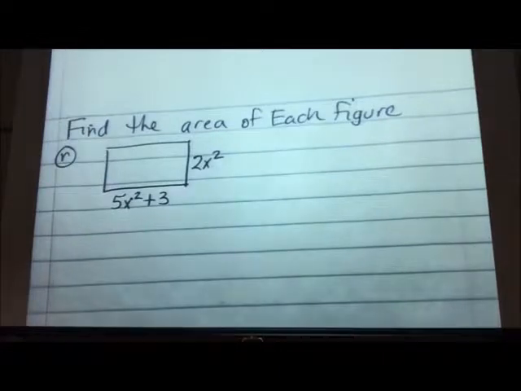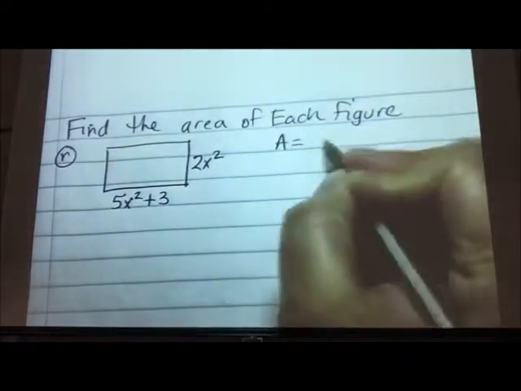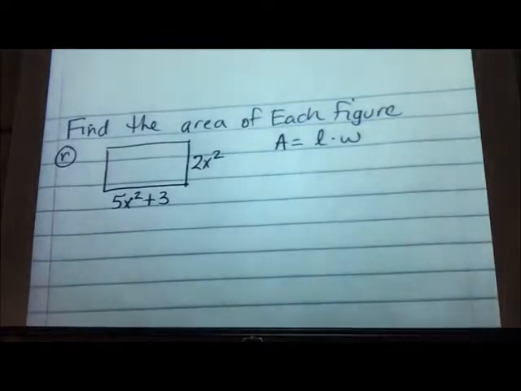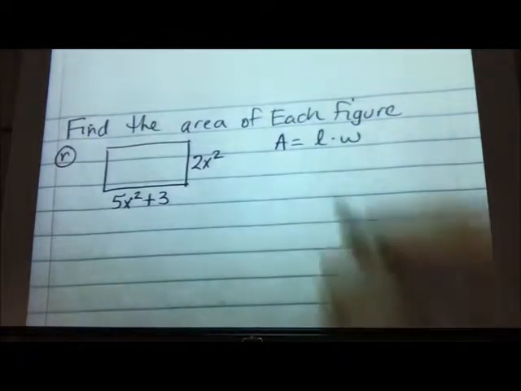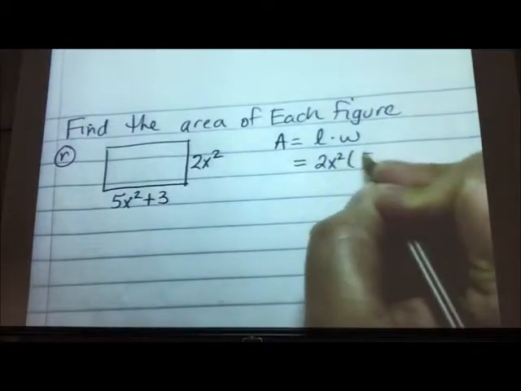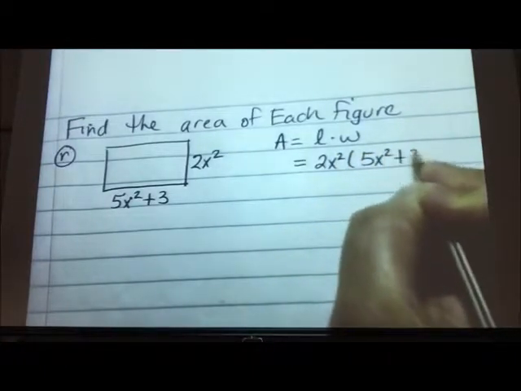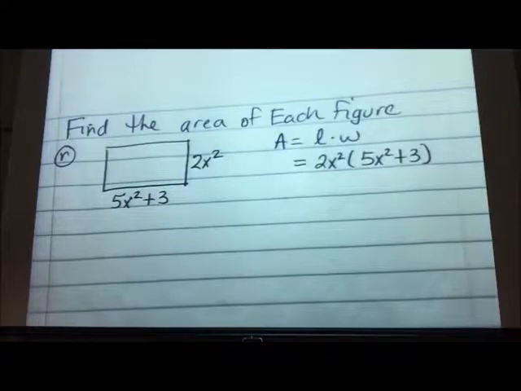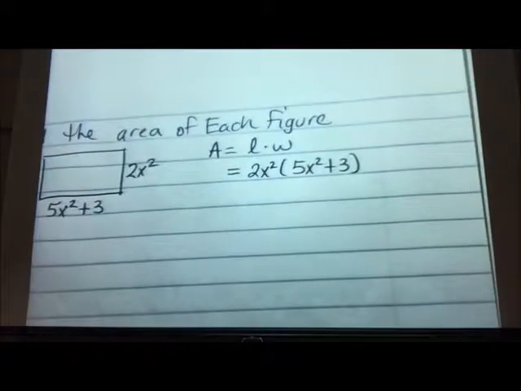Now, how do we find the area of a rectangle? The formula is L times W. So all you have to do is multiply this. So we have 2x squared times 5x squared plus 3. Now we're going to distribute, basically.